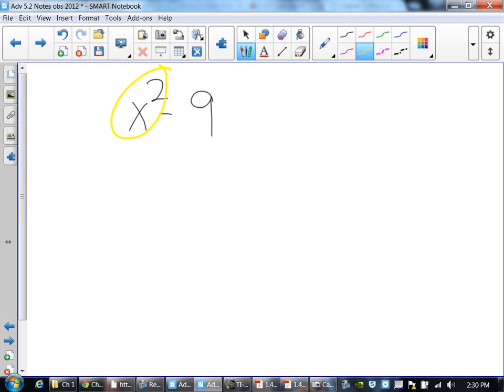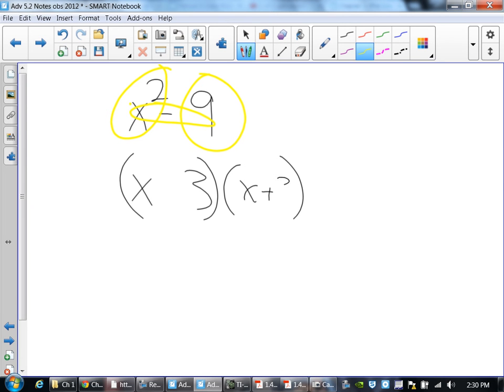Yes. Is this a perfect square? Yes. Is this a subtraction symbol? Yes. Did we answer yes to all 3 of those questions? What's the square root of x squared? What's the square root of 9? One's plus, one's minus. That's all it was. Can you do it with this?